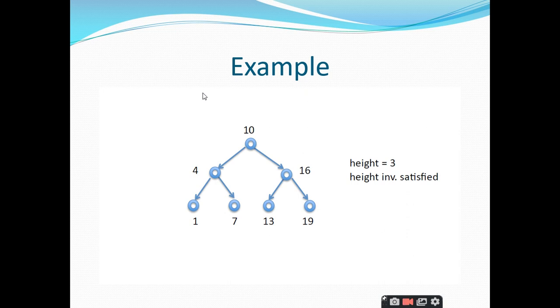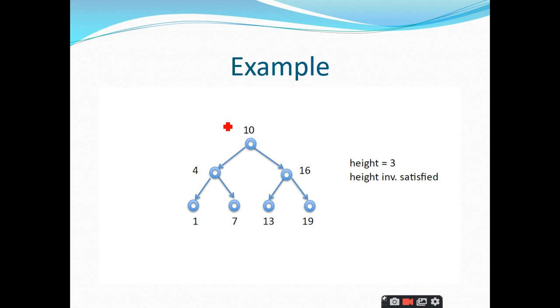So you may get a value of -2, you may get a value of -3, like that. In such a case you have to rebalance that particular binary search tree. So that is nothing but the AVL tree. We will see with a few examples, don't worry.